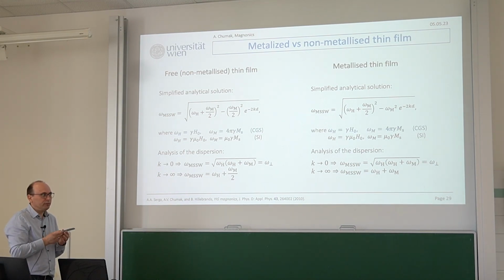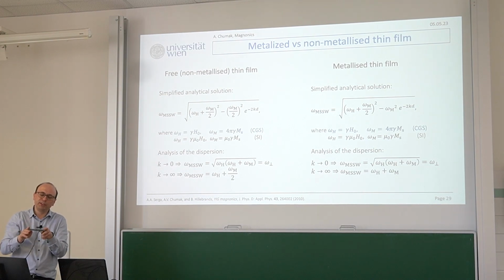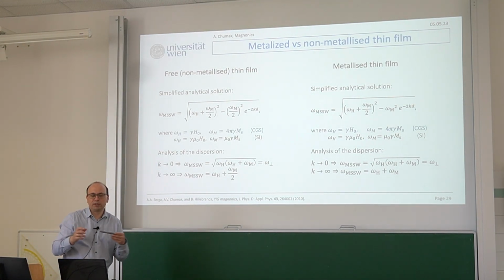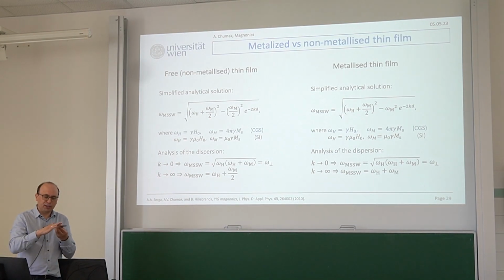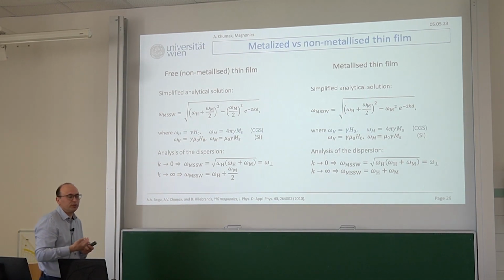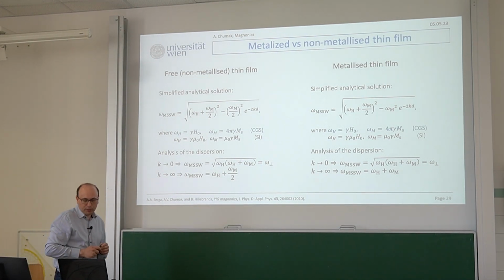So principally in backward volume, when you take a simple waveguide with two antennas and you measure Damon-Eshbach, you put metal inside, you will see that transmission improved because the waves are getting faster and the spectrum broader. If you do the same for backward volume, you will see that transmission is much worse. So probably metallization induces also additional damping mechanisms. And therefore be careful with metallization depending on which waves you are working with.